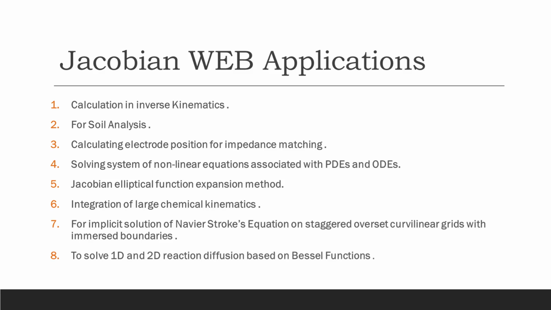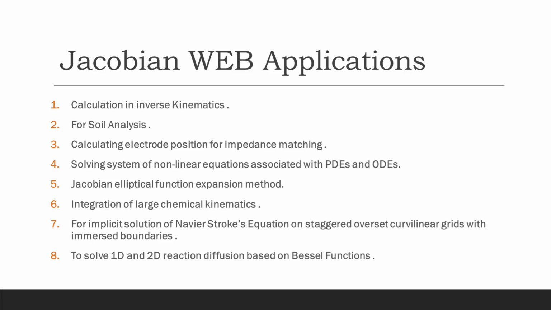Sixth, integration of large chemical kinetics. Due to the computational cost associated with time integration of stiff and large chemical systems, a novel approach is proposed. This approach combines exponential integration and a Krylov subspace approximation to the exponential function of the Jacobian matrix.